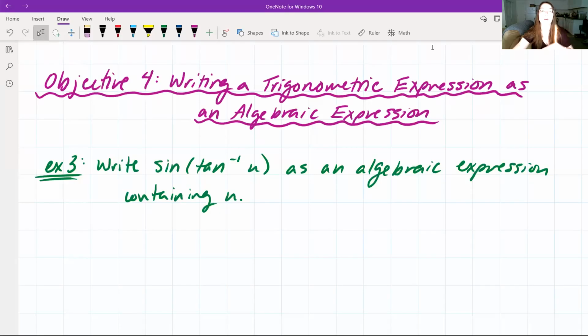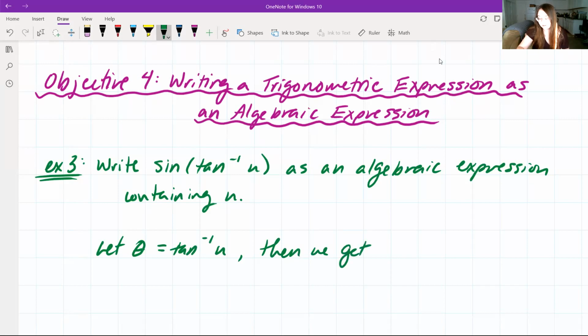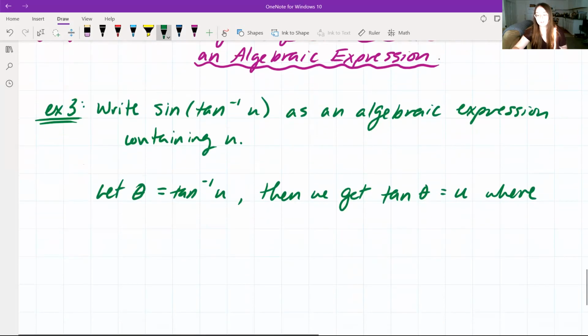So let's go ahead and start by doing what we normally do, which is we're going to let theta equal tangent inverse of u. Once we allow this, we can get that tangent of theta is now equal to u, where we state our domain and our range.